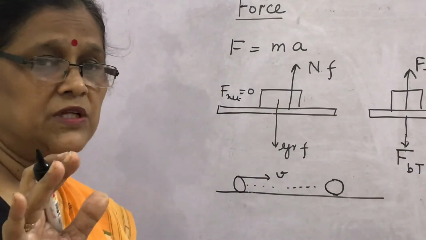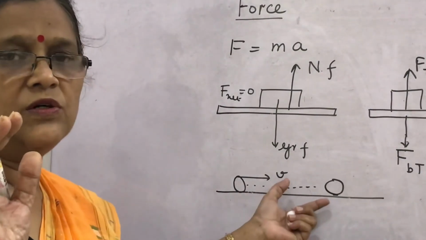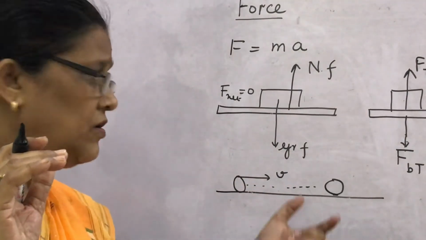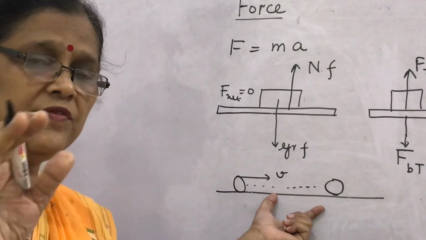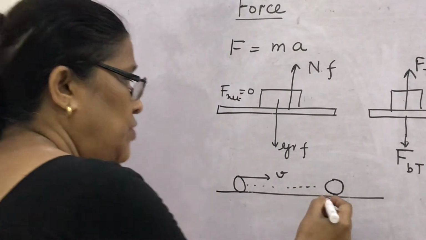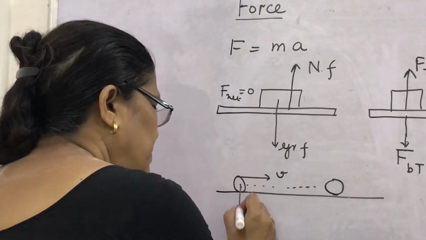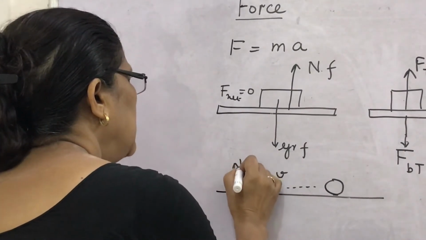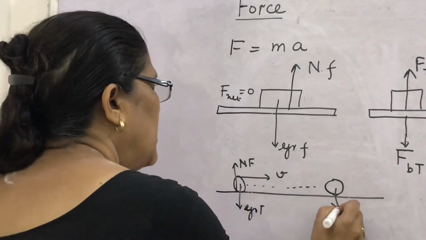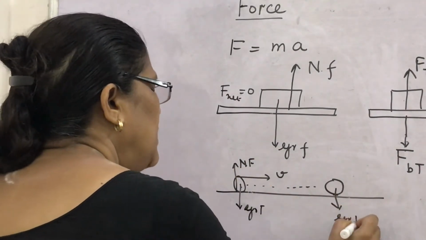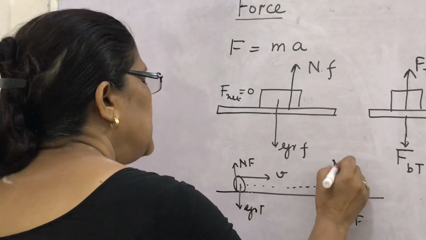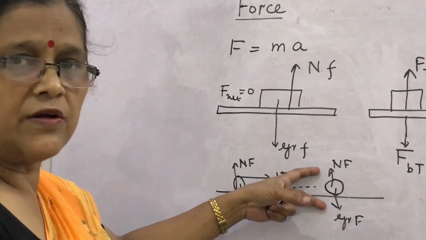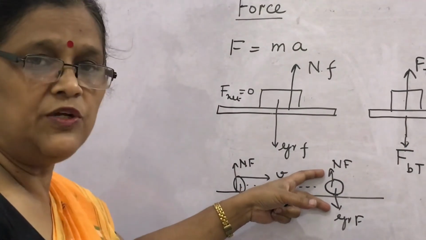Don't get confused that it cannot move with constant velocity without having any force on it. Look here, the ball is moving with constant velocity. You can also say that at every point the gravitational force and the normal reaction are acting on the ball, but it is still moving with constant velocity in this direction. The net effect of force, or net force, is still zero.